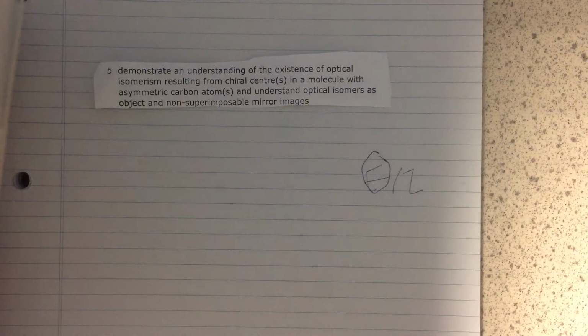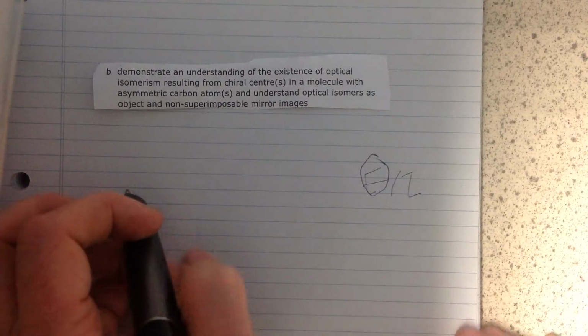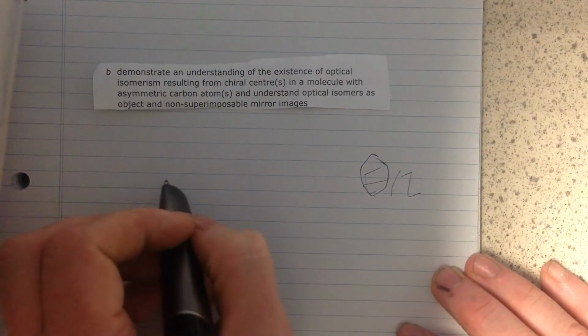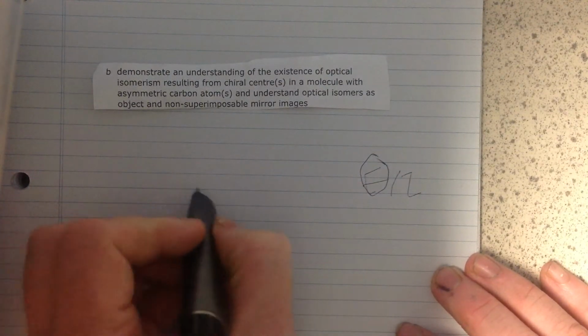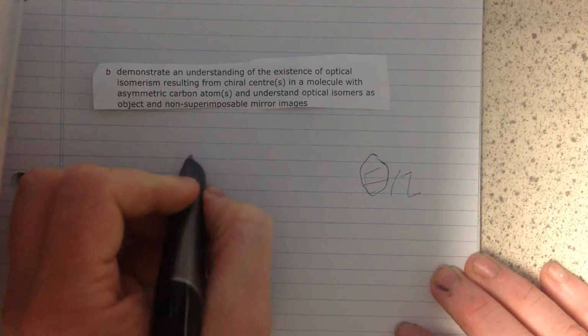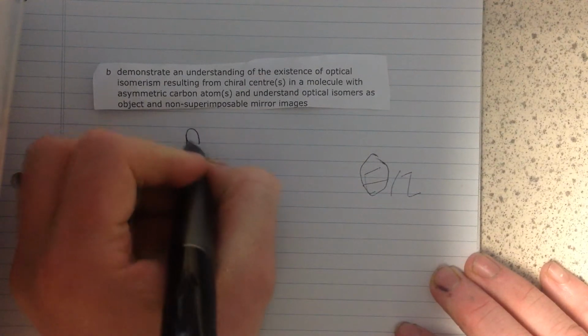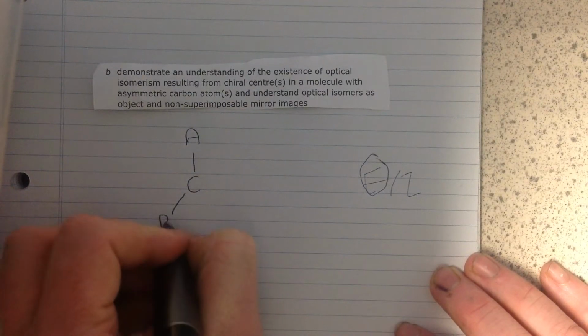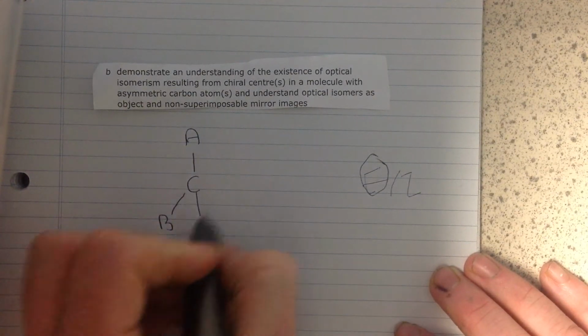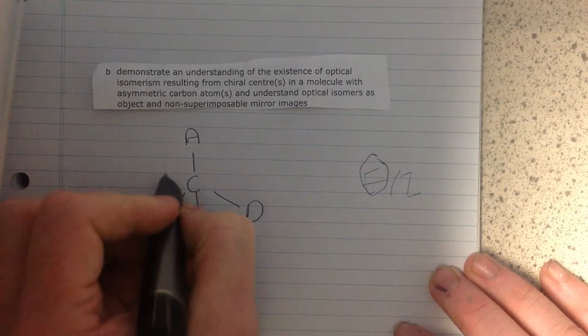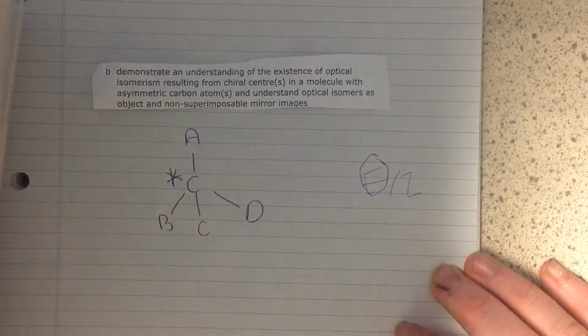In my keywords, I've got a chiral molecule. A chiral molecule is one that will have 4 different groups attached, and that will be my chiral center.